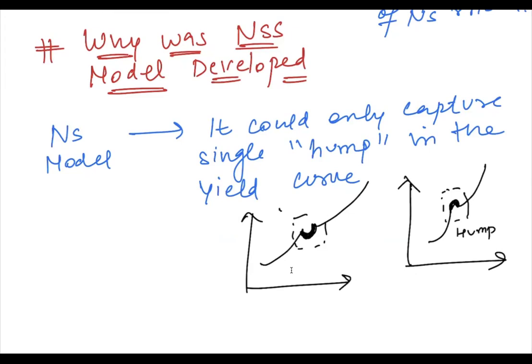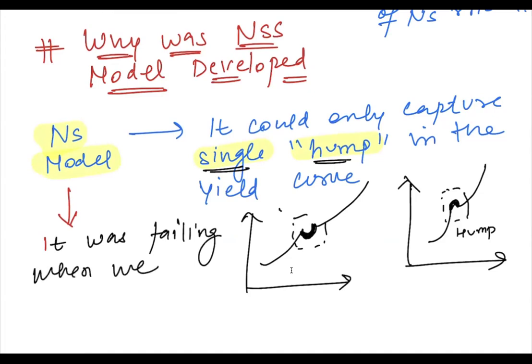So in the yield curve, if there was just a single hump, it was effectively captured by the Nelson Siegel model. But where was it failing? It was failing when we had more than one hump or dip.